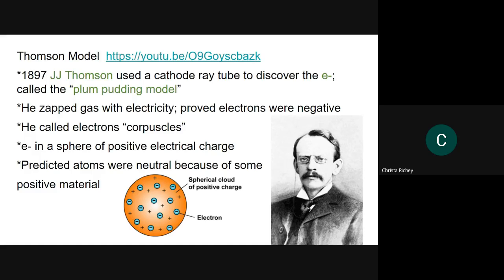But that's similar to banana pudding, just not with the wafers and the bananas, and it wasn't sweet. So the chunks, those are the electrons, and then the custard, the goop, that was something that was positive. No nucleus, no electron rings, no protons, no neutrons, just negatively charged electrons suspended in this positive goop.